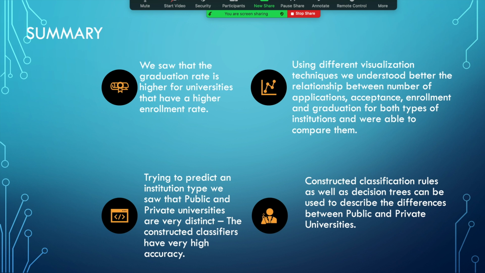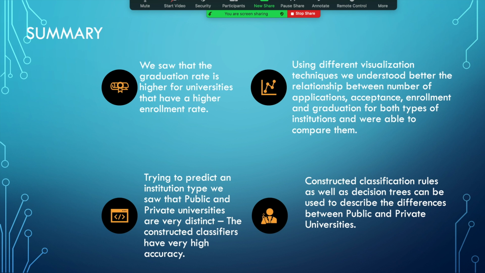So overall, what we found was that the graduation rate is higher in universities that have a higher enrollment rate. We used different visualization techniques to better understand the relationship between the attributes such as applications, acceptance, enrollment, and graduation for both types of universities, and we were able to compare them together.